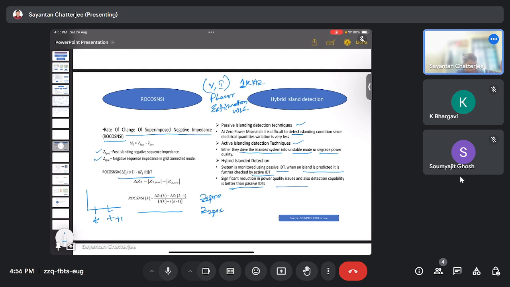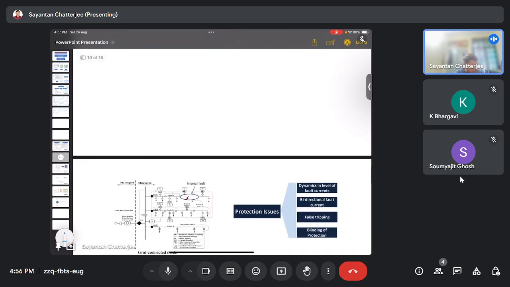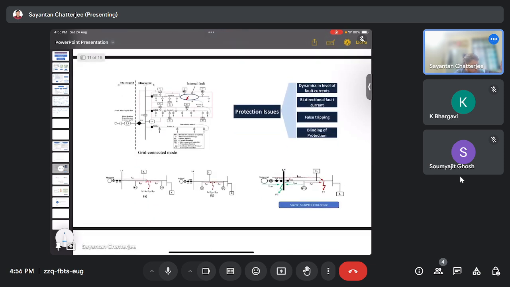So that is mostly the islanding detection part.